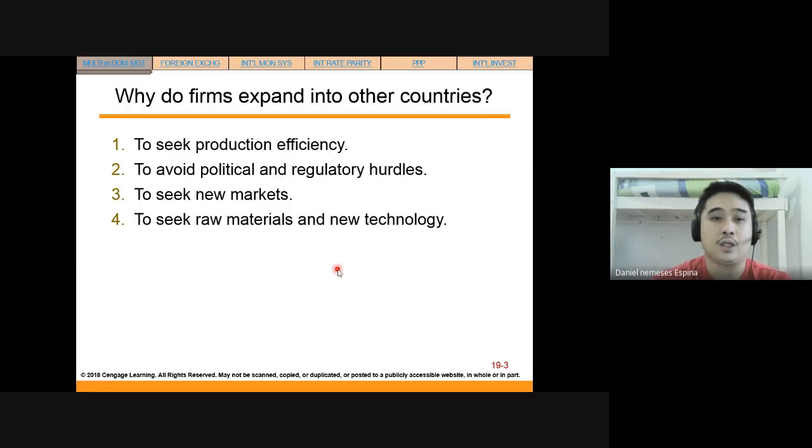They also want to seek new technology. So perhaps there are countries that are more advanced, or have new technology in producing things. Okay, so they will go there so that they can implement or make use of the new technology.